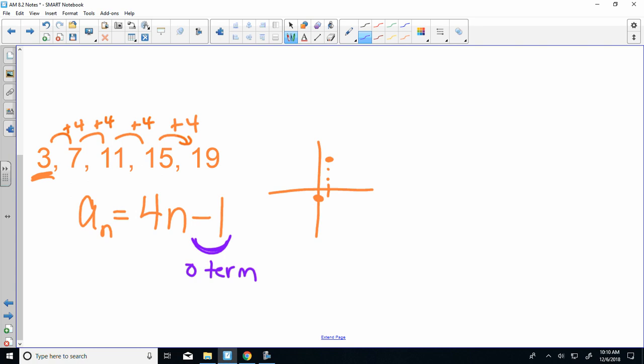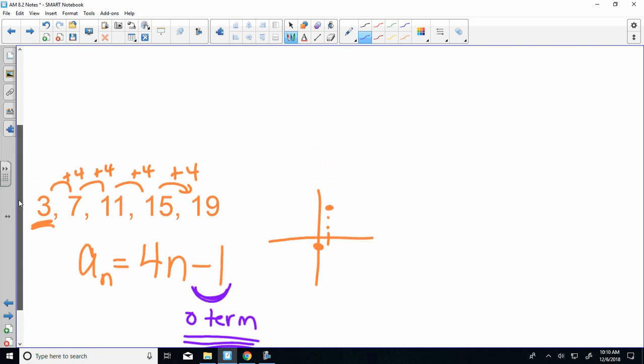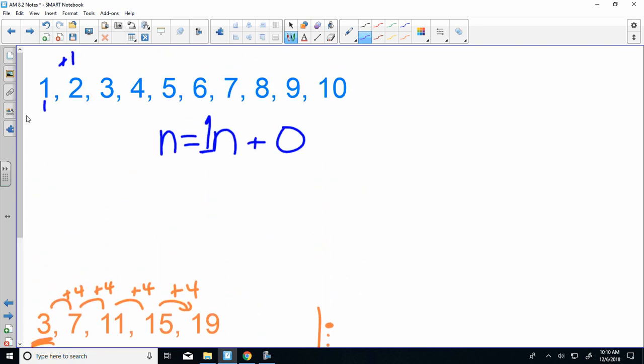And you get that term by just subtracting whatever your constant difference is from the first term. All right, so that's how you find the equation for an arithmetic sequence.